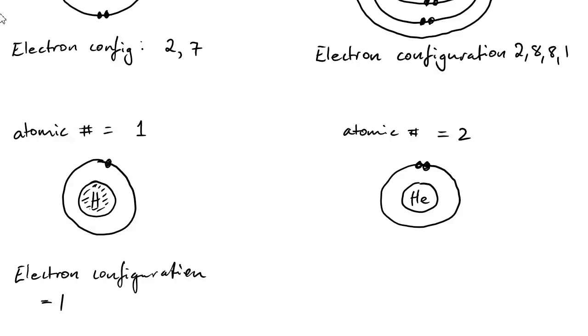If you wanted to go to the next element, say to atomic number 3, you would have to have another electron shell. So you would have 2 electron shells this time. So the first electron shell only contains a maximum of 2 electrons.